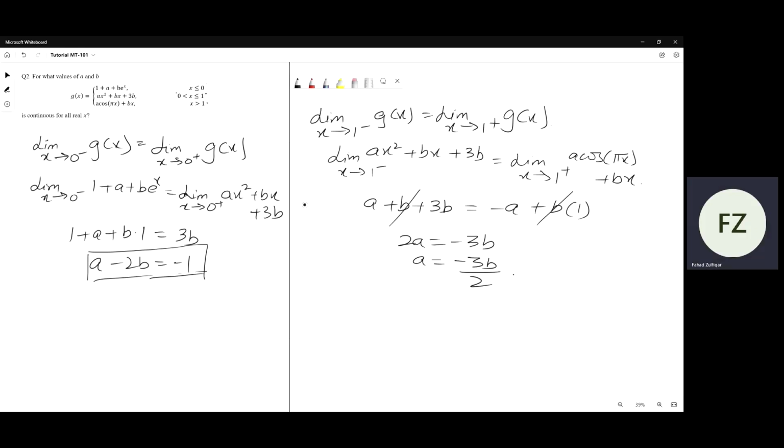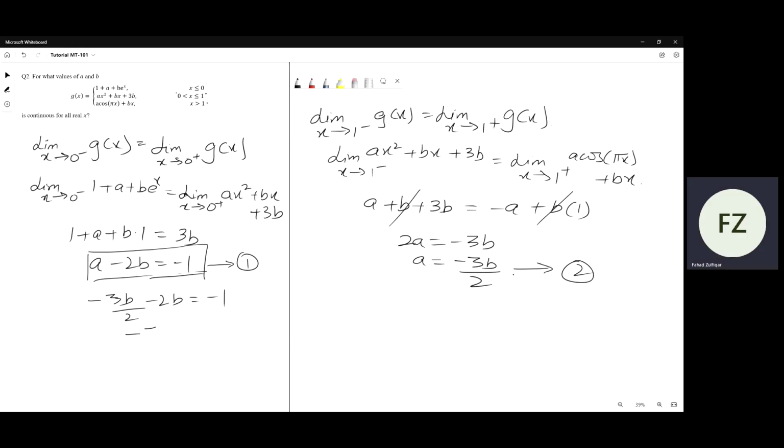If we put this value into the first equation, so this is our first equation, this is our second equation, this will come out to be minus 3b by 2 minus 2b equals minus 1.